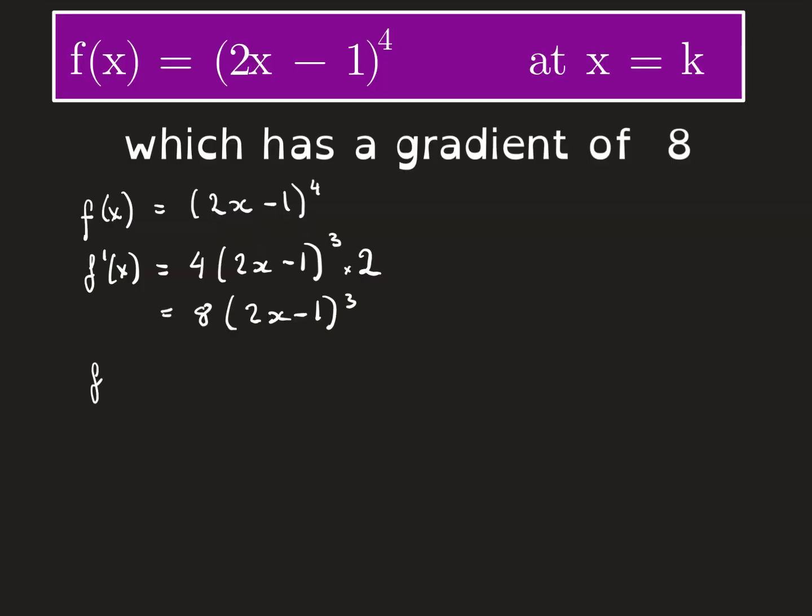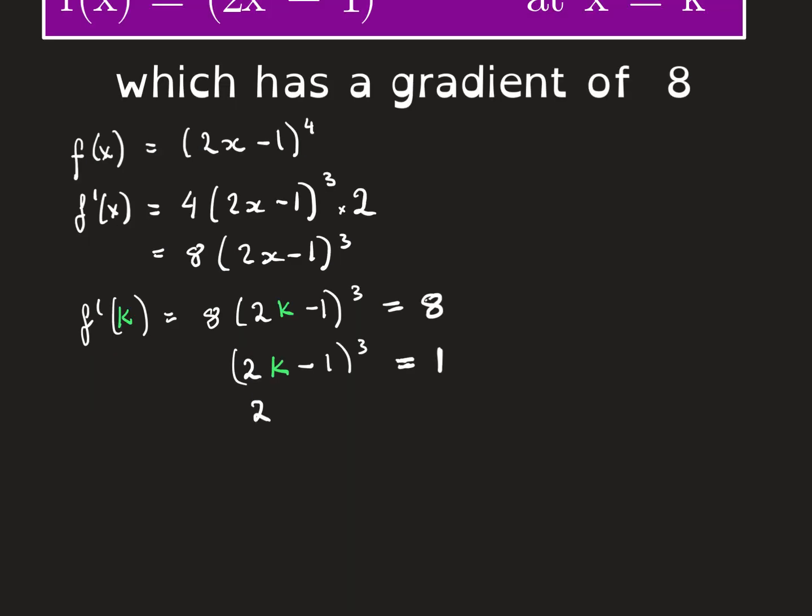And we're told that at k, this will be equal to 8. So 8(2k − 1)^3 is equal to 8, which means that (2k − 1)^3 is equal to 1.